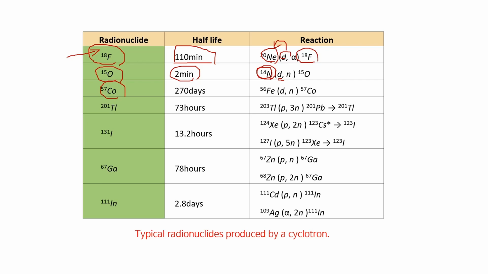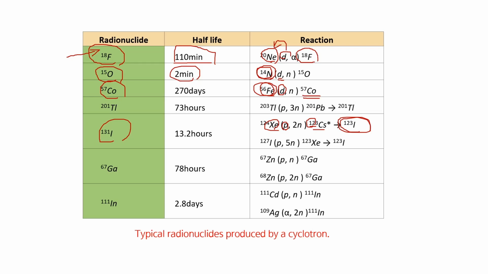Cobalt-57 is obtained by using iron as a target material, and the bombarding particle is deuteron, so we can have cobalt-57. For iodine-123, we can use xenon as a target gas, and this xenon is bombarded by proton and then becomes Cs-123, and the Cs-123 decays to become iodine-123.